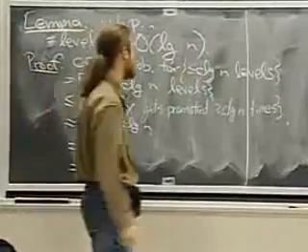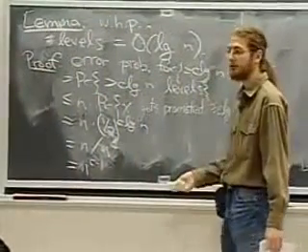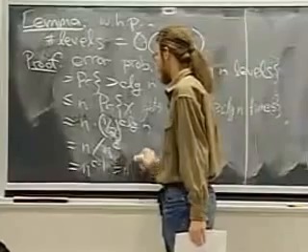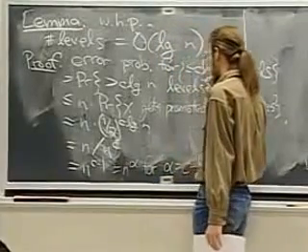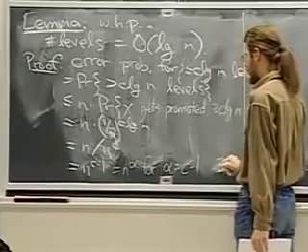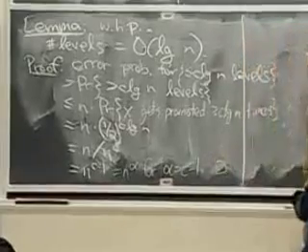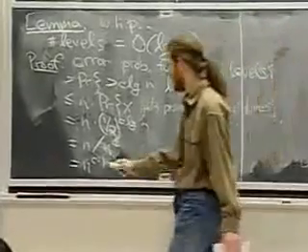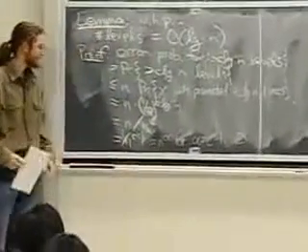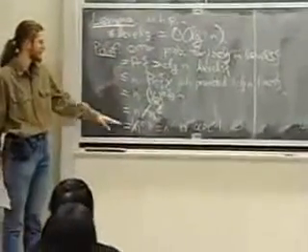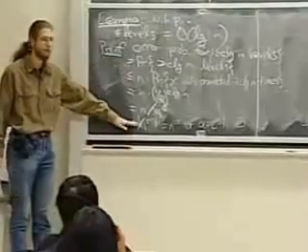And I get to choose c to be whatever I want. So I choose c minus 1 to be alpha. This is an upper bound, so the probability is polynomially small.